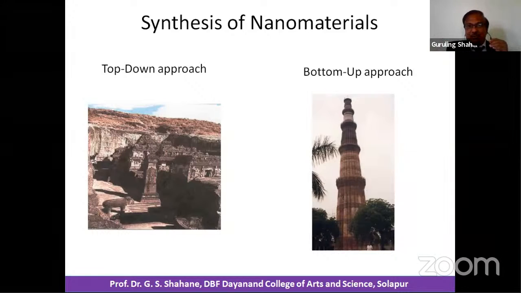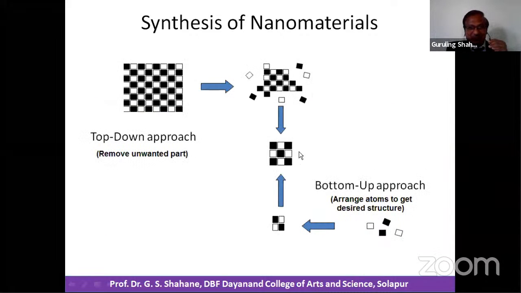In the second approach, the bottom-up approach, we have taken the example of the Qutub Minar. Here, this is a huge structure, but built from small units, small pieces of stones arranged in a regular fashion. That is the bottom-up approach. So let us suppose that this is our desired nanostructure.